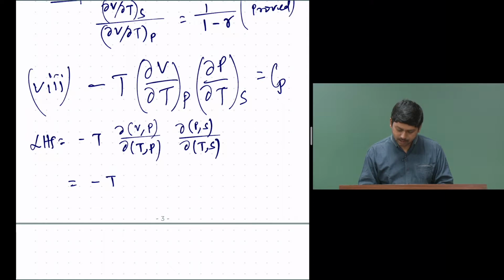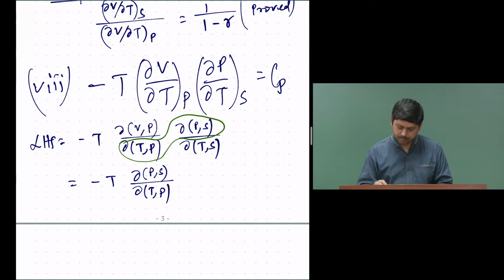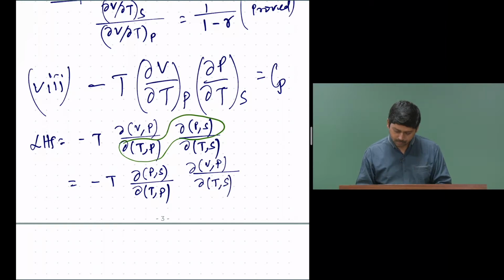and as you can see, I can combine these two quantities, these two, and write that as del P S by del T P, and del V P by del T S. Let me see whether we are right or not.